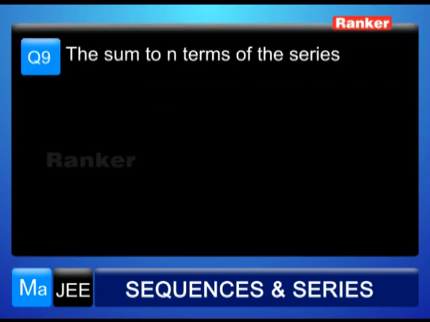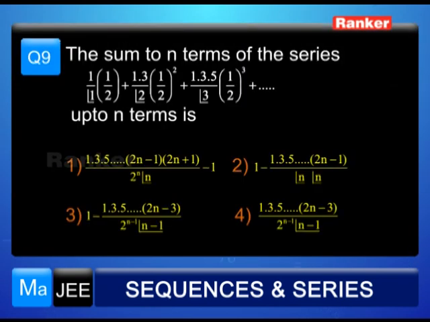The sum to n terms of the series 1 by 1 factorial into 1 by 2 plus 1 into 3 by 2 factorial into 1 by 2 square, plus 1 into 3 into 5 by 3 factorial into 1 by 2 cube, and so on up to n terms, is: product of n plus 1 consecutive odd numbers, that is 1 into 3 into 5, and so on up to 2n minus 1 into 2n plus 1, by 2 power n into n factorial, minus 1.